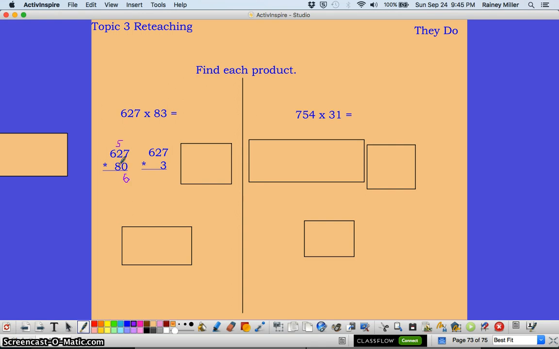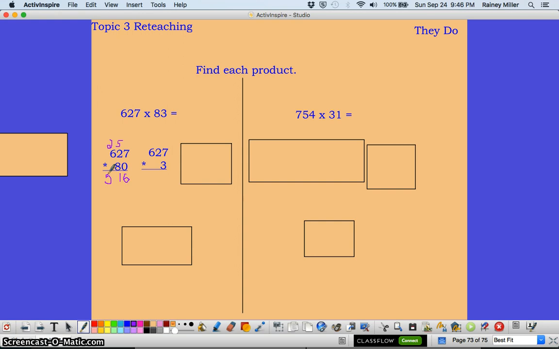Okay. Then 8 times 2 is 16 plus 5. That's going to make 21. So there's my 2. There's my 1. And then 8 times 6 is going to be 48. So 49, 50. That's going to give me 50.